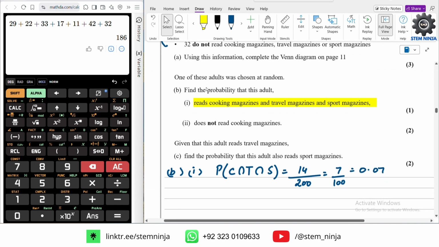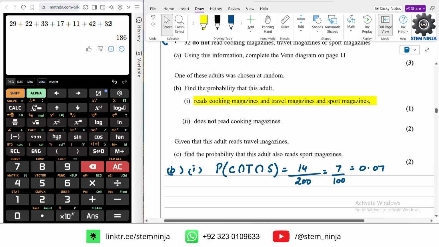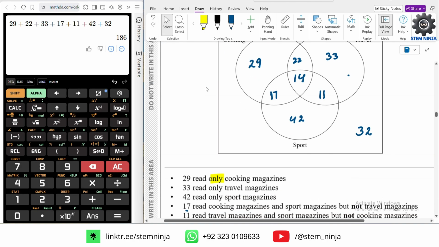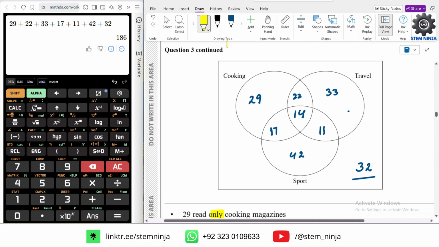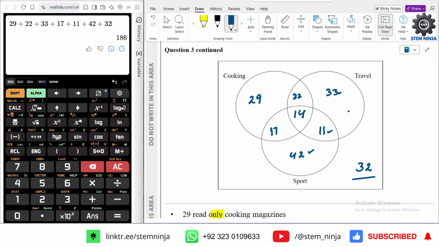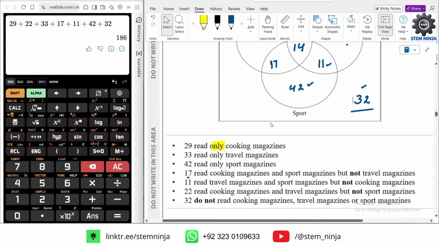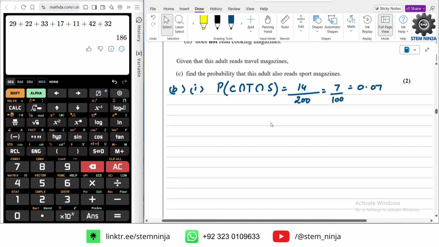Second part, do not read cooking magazines. Does not read cooking magazines will also include these ones, because they do not read cooking either. So do not read cooking magazines will include 42, 11, 33, and 32.